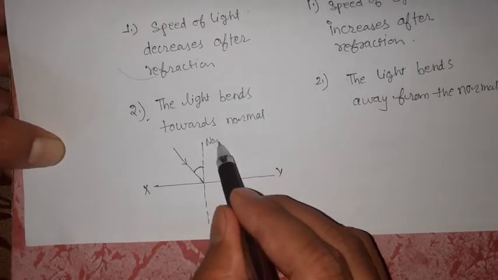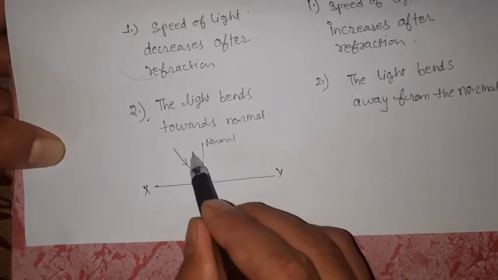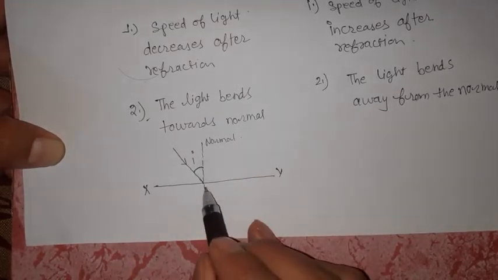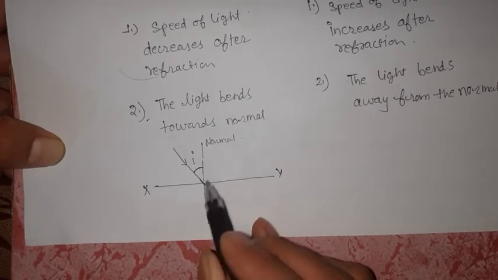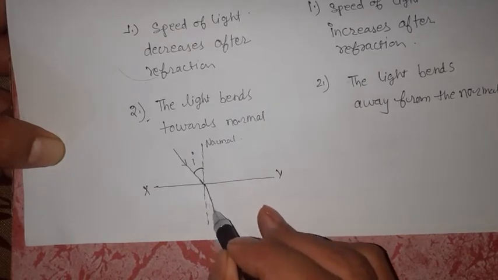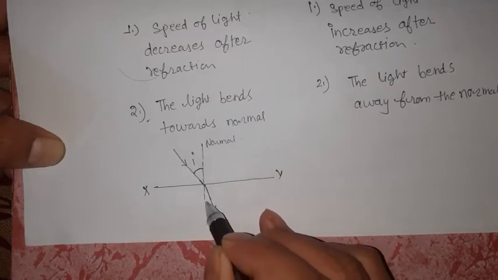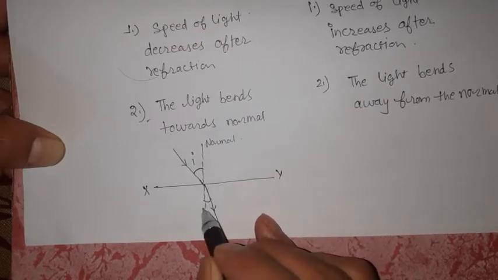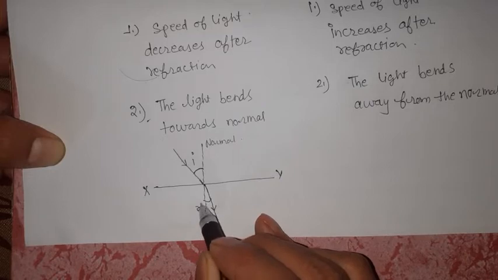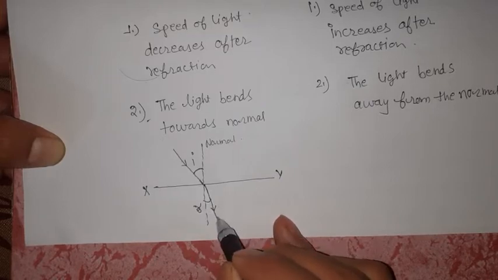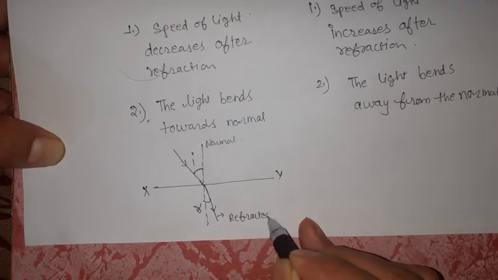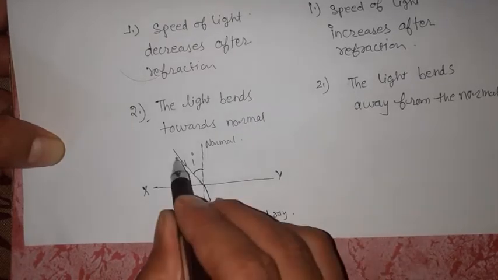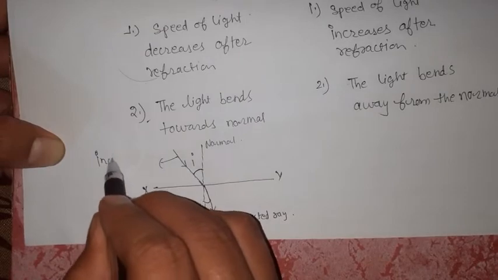After refraction, it is going to bend towards the normal because its speed decreases. So this is the angle of refraction, and this ray is the refracted ray, while this was the incident ray.